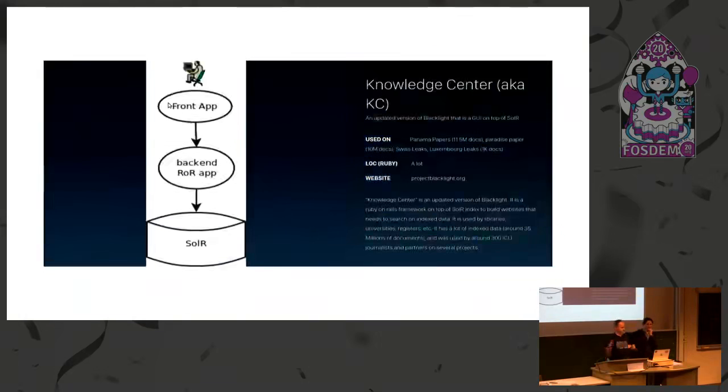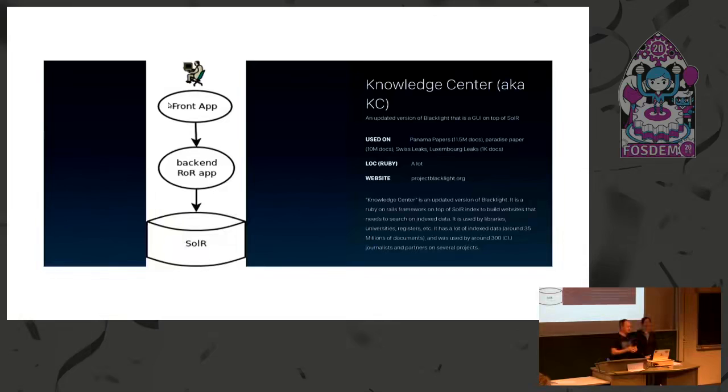Then, when all the files were indexed into Solr, there was another open source component that we used, called Blacklight, a Ruby on Rails software. Blacklight is a kind of framework that allows you to build websites to browse big corpuses of data, and it's used, for example, by libraries or universities.